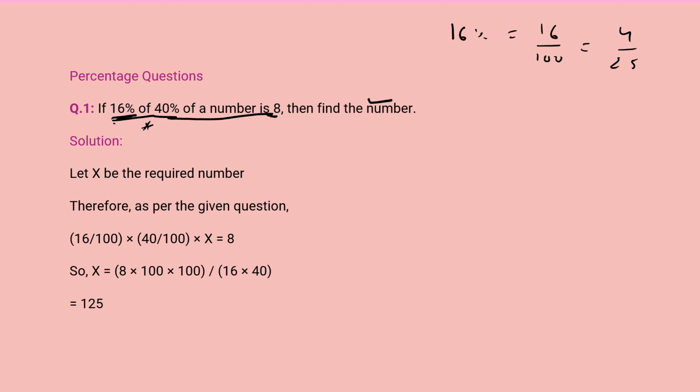Okay, now what is given in the question? If 16% of 40% of a number is 8, so how will you write it? 16/100 of 40%, so 40/100 of a number, and this is equal to 8. So 16% of 40% of a number, let the number be n.